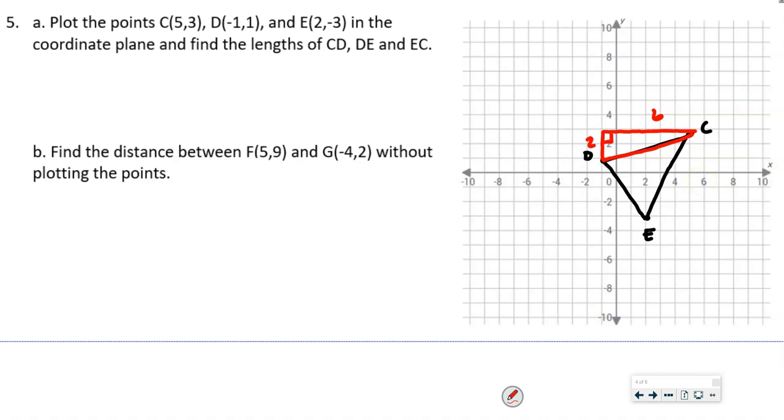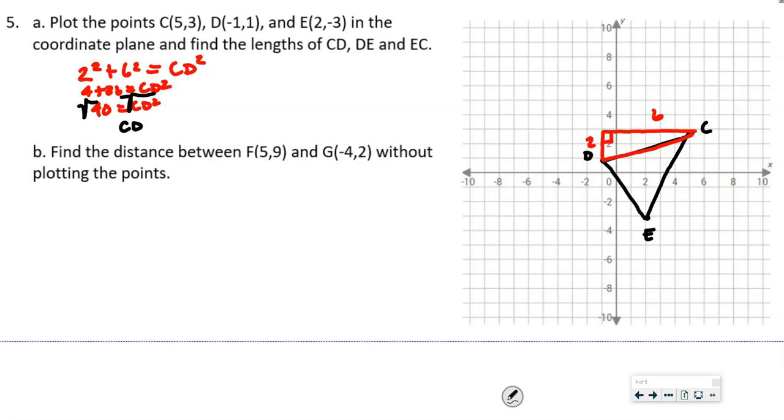Okay, so we're going to do 2 squared plus 6 squared. That's going to be equal to CD squared, right? So that's going to be 4 plus 36 equals CD squared. That's going to be 40 is equal to CD squared. So we're going to take the square root of both sides here.